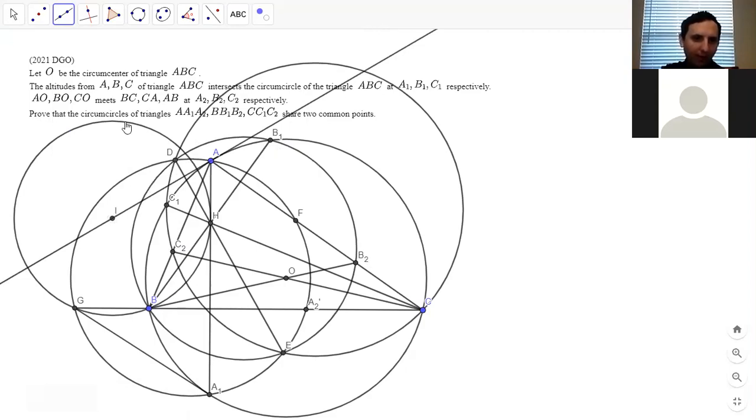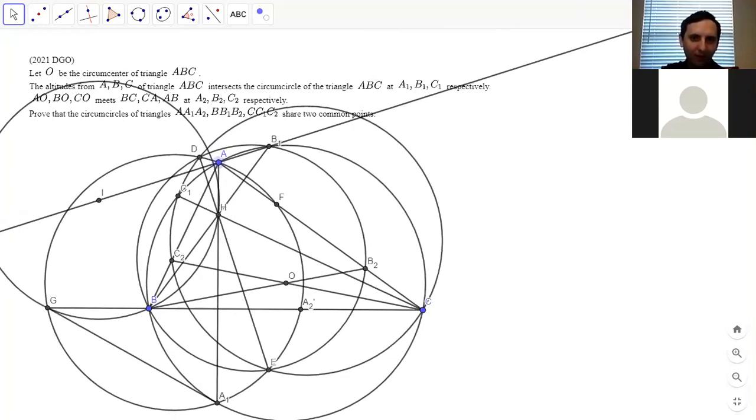And I wonder if IA is tangent to that circle. No.